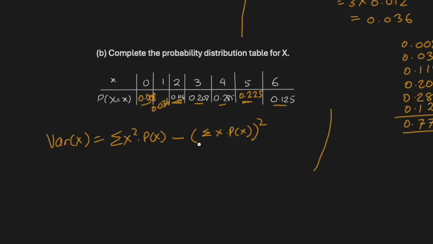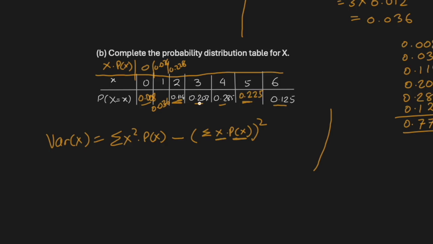So for this I will multiply each X with its probability. Here, multiplying 0 with 0.008, we get 0. Now 1 times 0.036 is 0.036. Then 2 times 0.114 is 0.228.